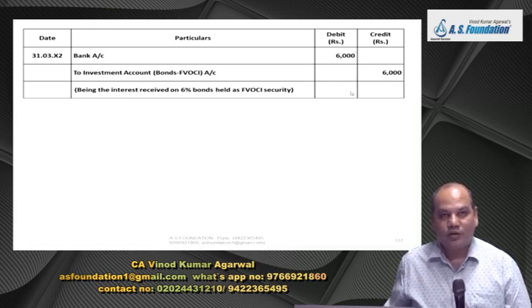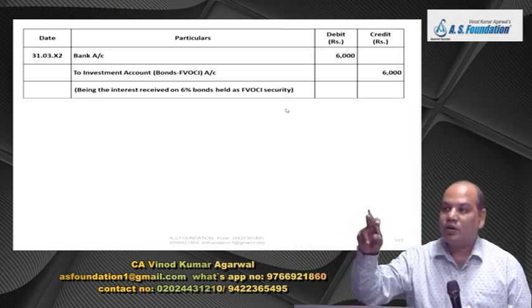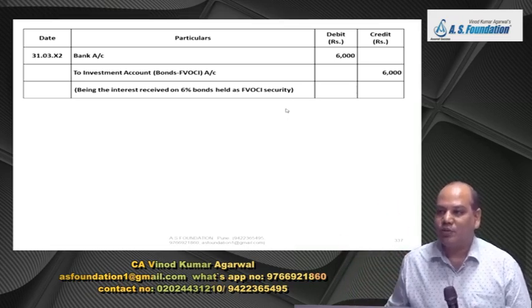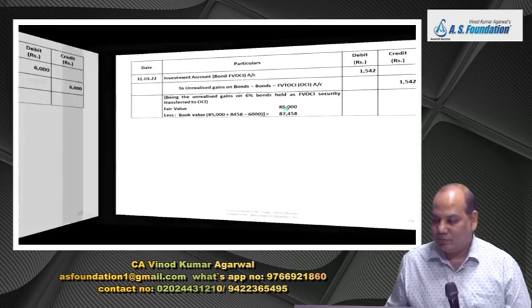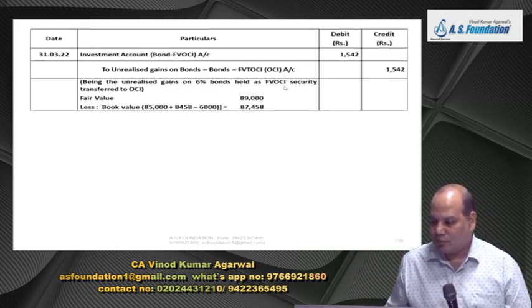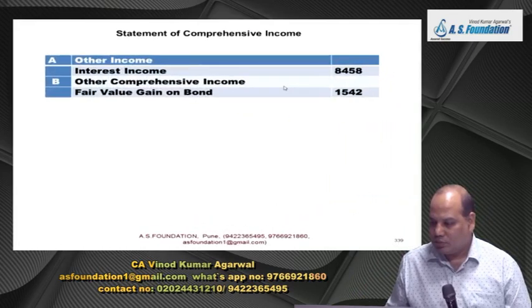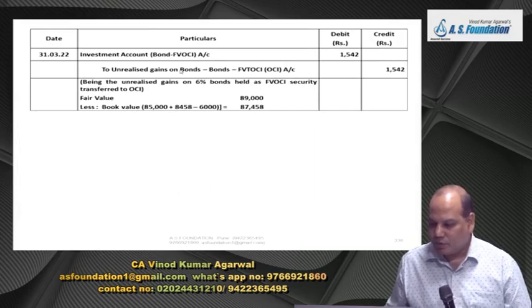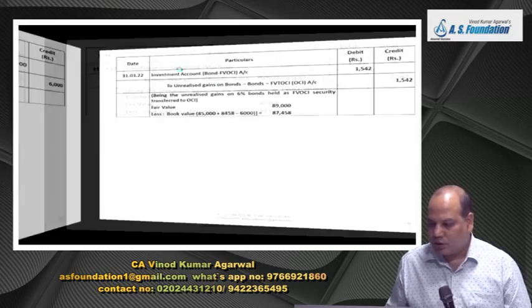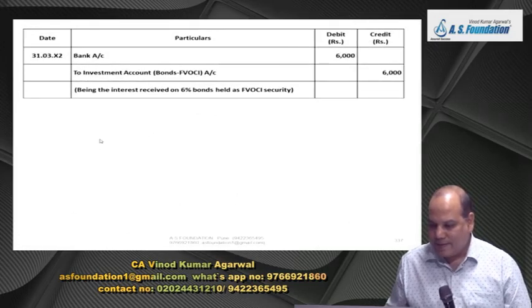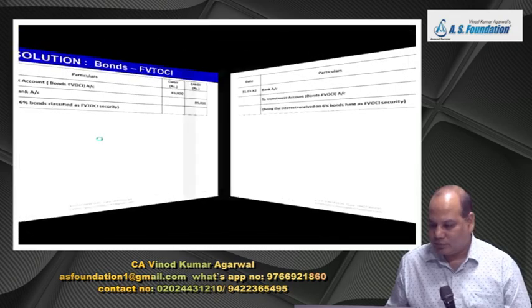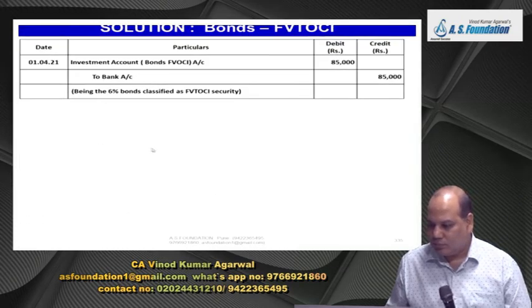Tell me 2 more entries. Have you accounted for interest earned? No. So what is the interest earned in the first year as per that amortization table? 8458. Okay, so write that entry which I have not written. Investment account debit to interest income 8458.